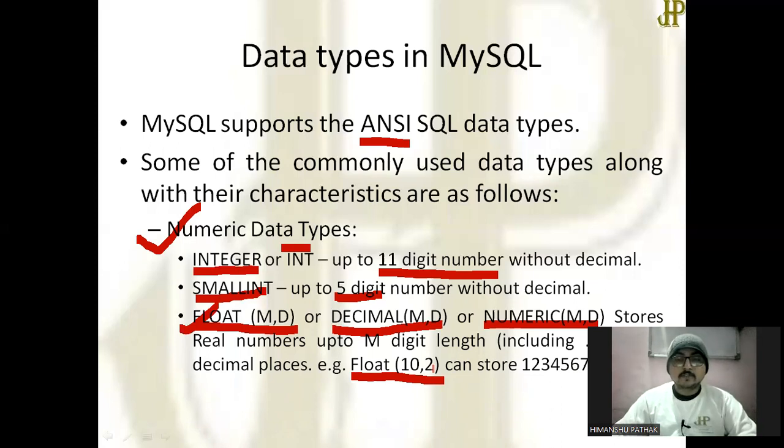Otherwise, it will show you an error. Like this: 1, 2, 3, 4, 5, 6, 7.89. So how many digits will it include? 7, the point is also included, 8, 9, 10. So that can be accepted. But beyond that, data will be discarded and an error will be shown to you.